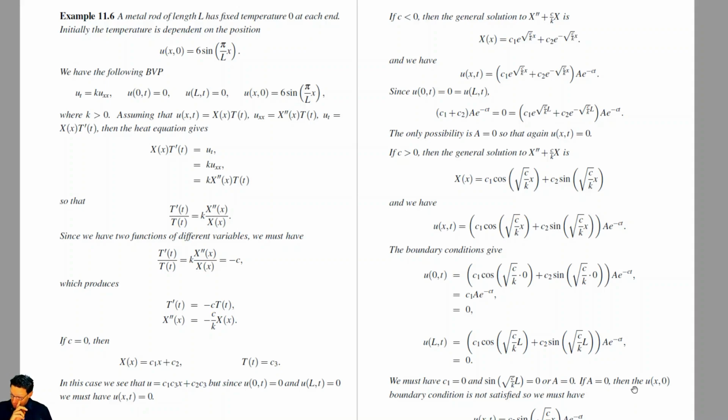If a is 0, then the boundary condition is not satisfied. So we must have the other case, in other words, u is equal to c2 sine of the square root of c over k times x, times a e to the minus ct. Alrighty, so that gives us an analytic solution to the one-dimensional heat equation with these particular boundary conditions.